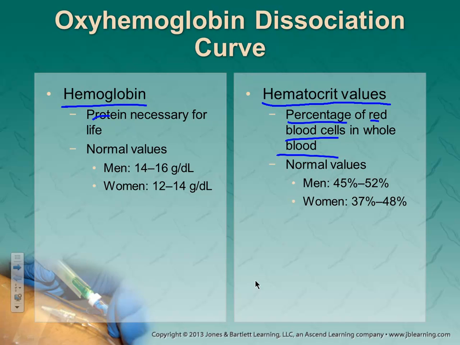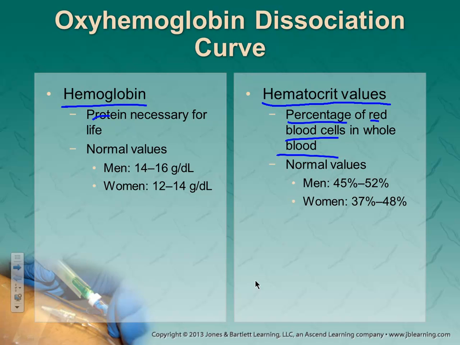What's whole blood? That's everything that makes the liquid complex blood, right? The liquid substance of blood. And we know that blood isn't just red blood cells, right? It's white blood cells, plasma, platelets, and all that. So we're looking at the total amount of red blood cells in whole blood with hematocrit levels.